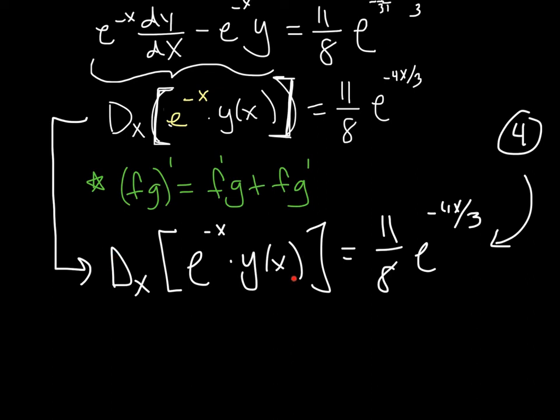This is a function of x, and we're differentiating with respect to x. I want my y of x, I want to isolate it, so I'm going to integrate both sides. I'm going to integrate with respect specifically to dx, so don't forget the dx.